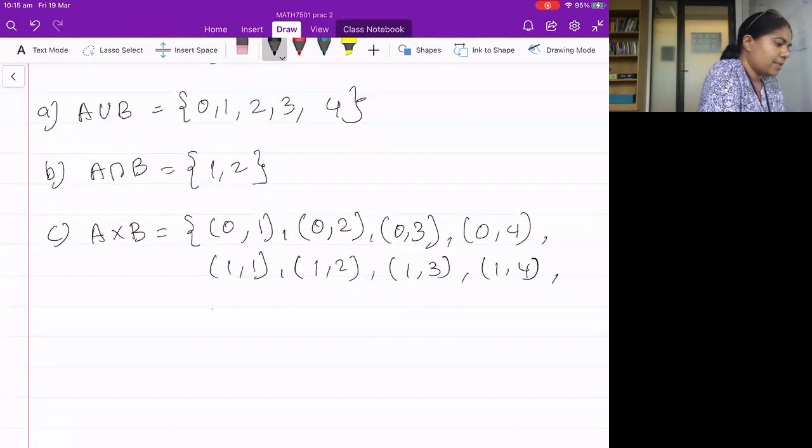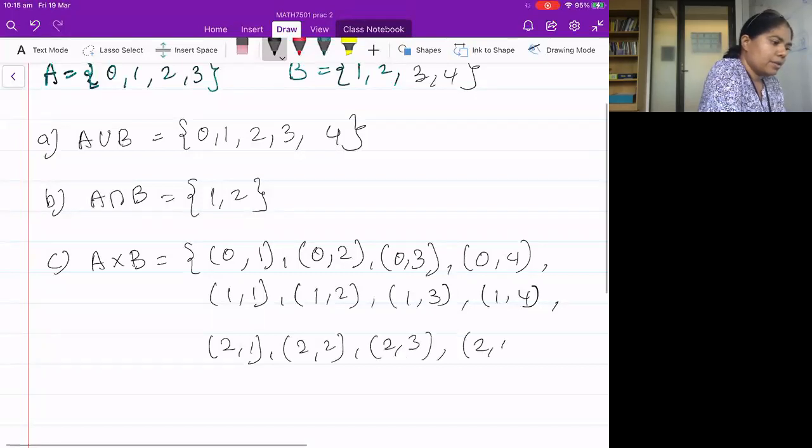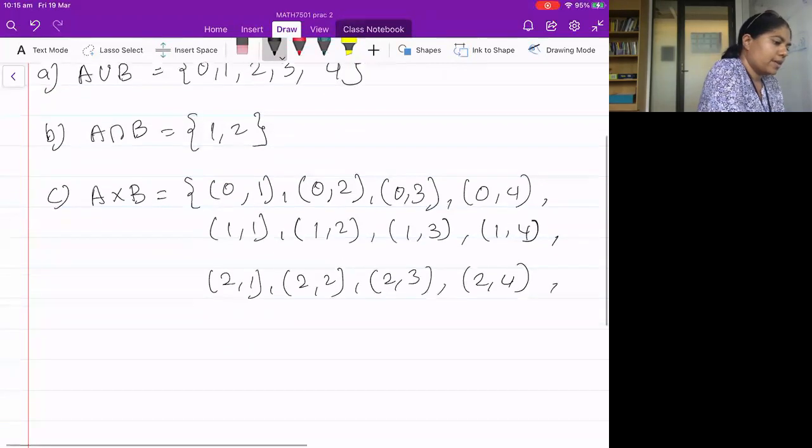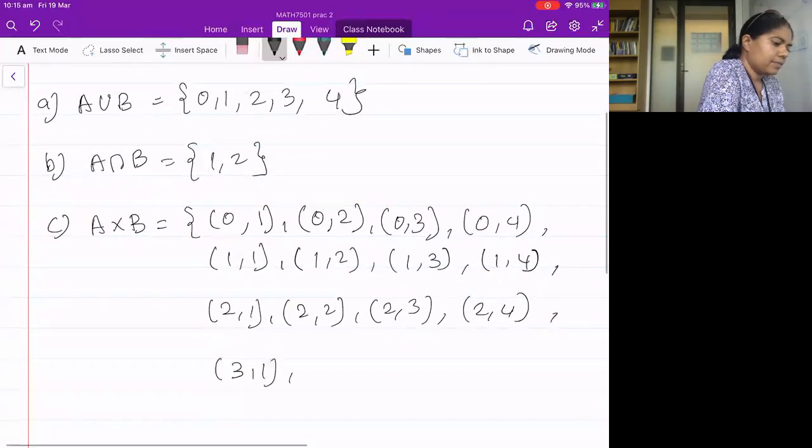And the next one is 2, 1, 2, 2, 2, 3, 2, 4. This one should be 3, 1, 3, 2, 3, 3, 3, 4.